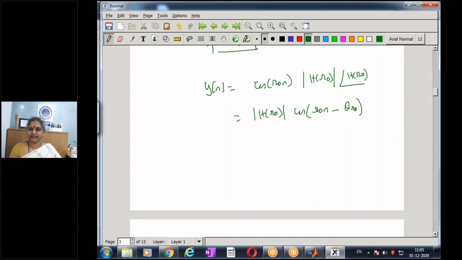So this immediately translates to the following. Suppose my input is a cosine function of n. My input is this x of n, and depending on the system impulse response h of n, the output is going to change.